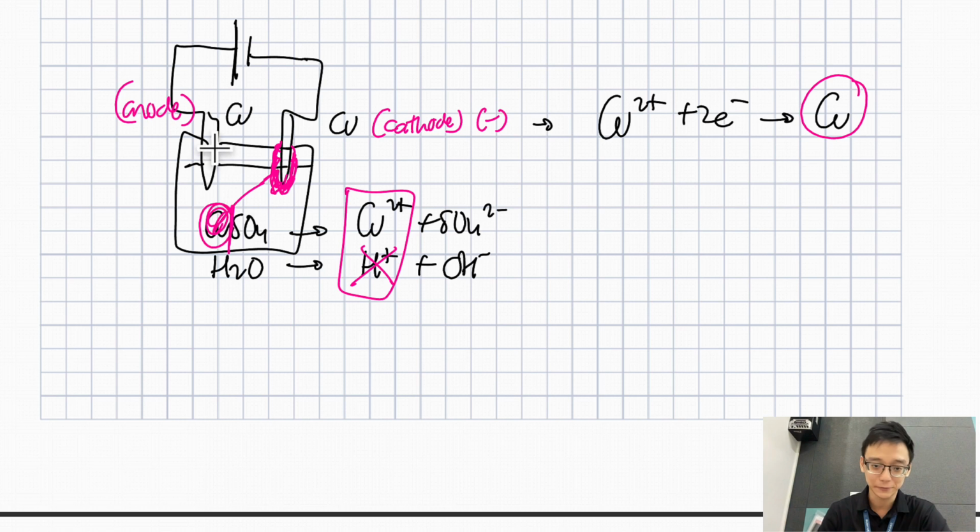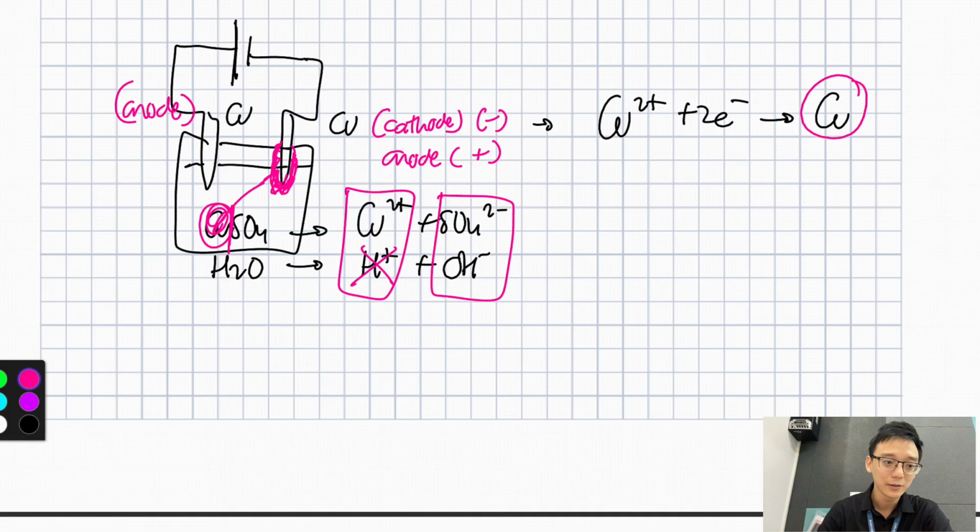But what about the anode? The anode is positive, so typically it wants to attract one of these two. But this is the special thing. Because the metal here is the same as the metal here, you can imagine that SO4 has a drive to restore the balance. It really wants to stay and maintain its aqueous form.